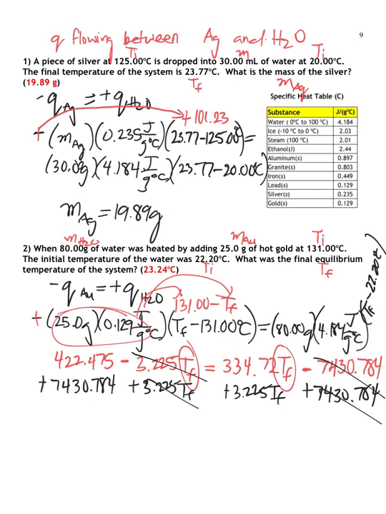So 334.72 plus 3.225 gives us 337.945 TF equals, and so adding these two numbers, 422.475 plus 7,430.784 gives us 7,853.259.